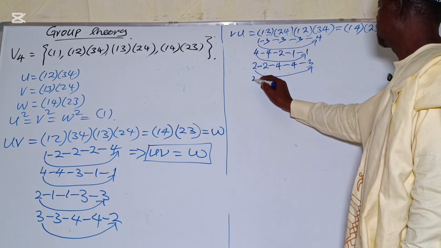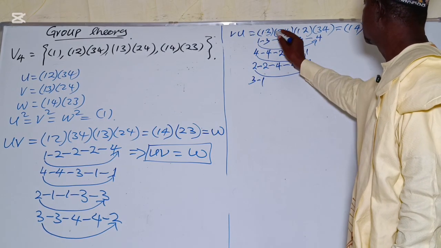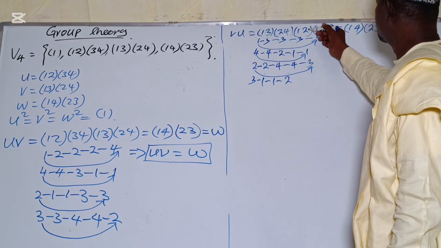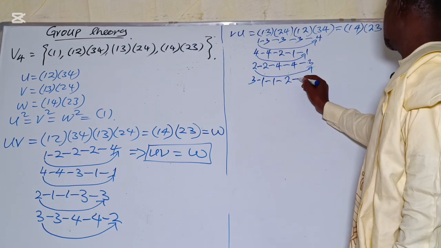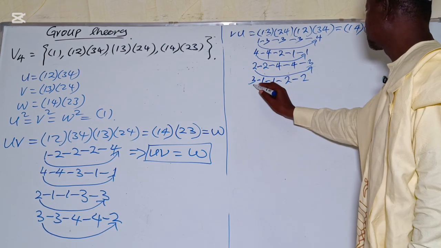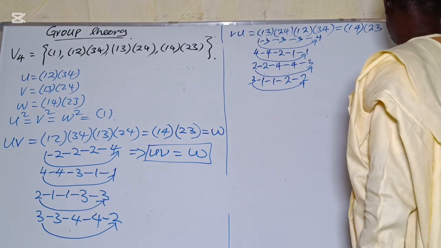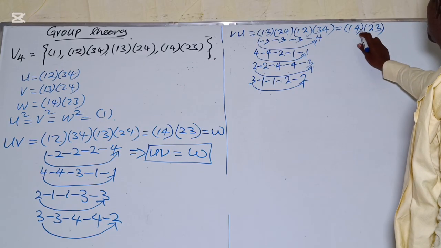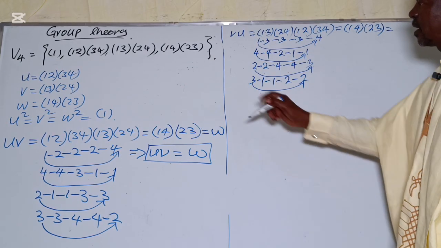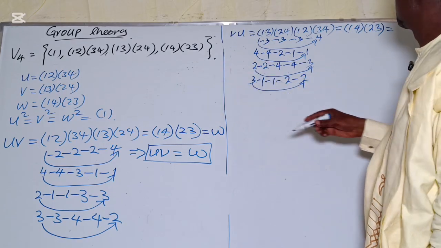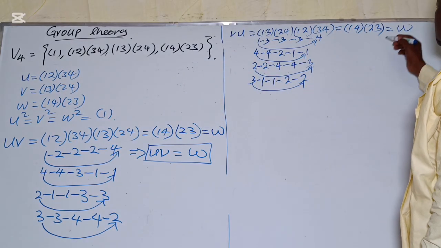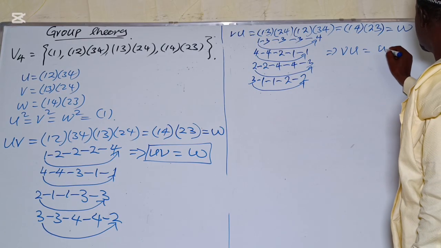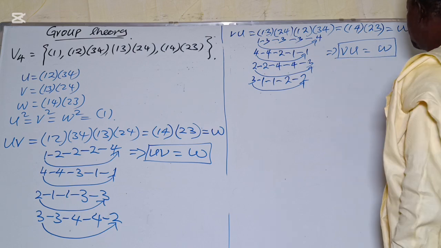In the first cycle, 3 is mapped onto 1. 1 is fixed in the second cycle. 1 is mapped onto 2 in the third cycle, and 2 is fixed in the fourth cycle. So 3 is mapped back onto 2, and I have another transposition. So this gives me (1 4)(2 3). But what is (1 4)(2 3) here? It is my W. So this implies that VU will give me W.